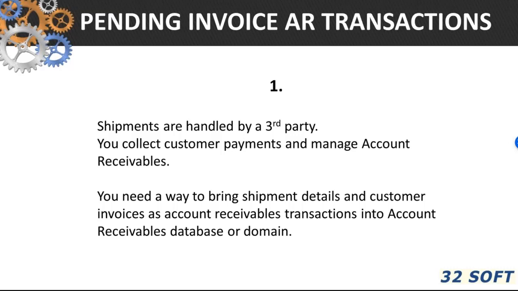For example, shipment and invoicing are handled by a third party, but you collect customer payments. You will need a way to bring the shipment details and customer invoices as account receivables transactions into one account receivables database or domain. The pending invoice maintenance function in QAD, together with our customer invoice data loader, can help you with this. And in a moment, I will show you how.